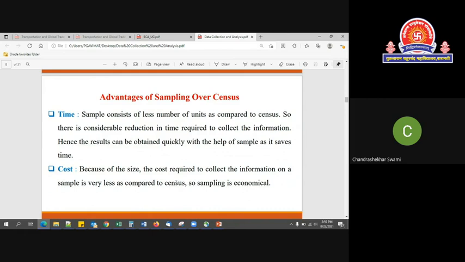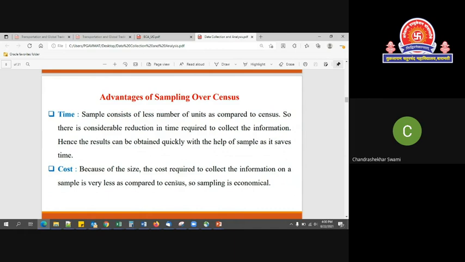Second one is cost. While you are collecting the data, you have to hire some person, or give some money to some agencies and tell them to please collect this data for you, and for that you have to pay some amount. If you are collecting information from each and every element of the population, then it requires a huge amount of cost.